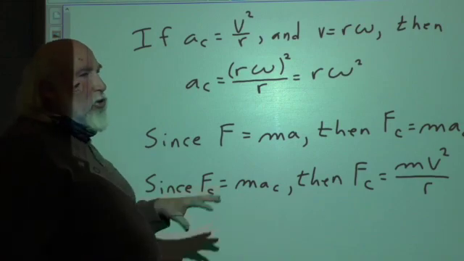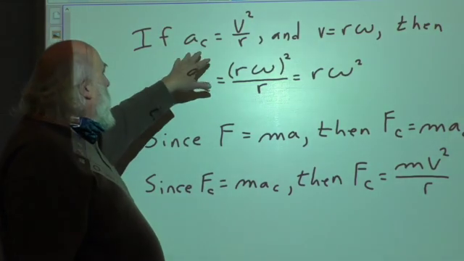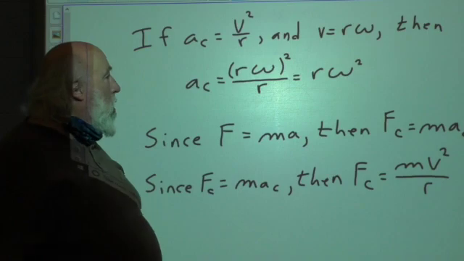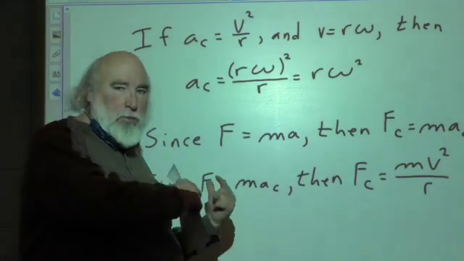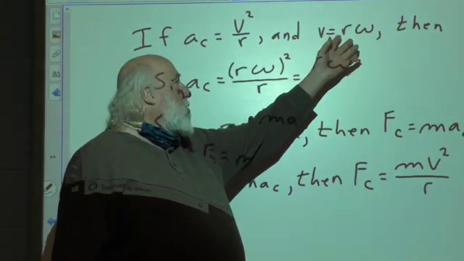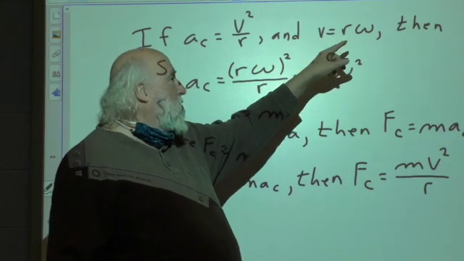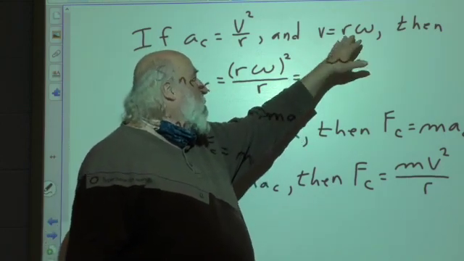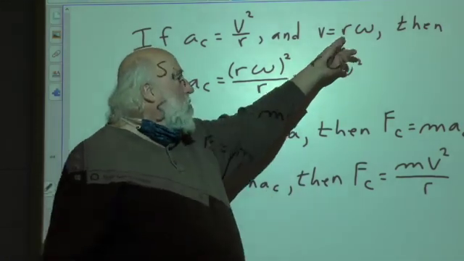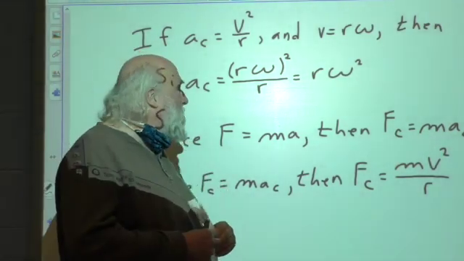So the next two equations I had after that: if you know that the centripetal acceleration is v squared over r, and we know from the previous section that we can change angular velocity to linear velocity, or vice versa, using this formula right here. Remember, omega is the angular velocity, but we have to multiply that by radius to get it in terms of angular or straight line velocity.